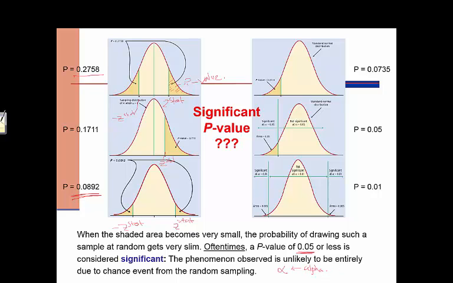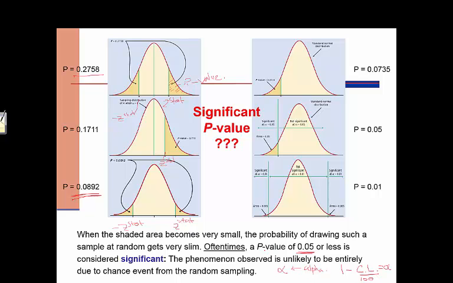Remember we talked about alpha in the confidence interval section, right? It was 1 minus the confidence level over 100. Right, so if it was 95%, then it would be 95 divided by 100, 0.95, and then 1 minus 0.95 would give you 0.05, which would be alpha.